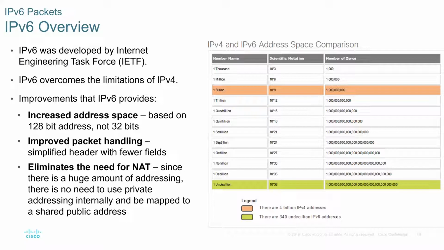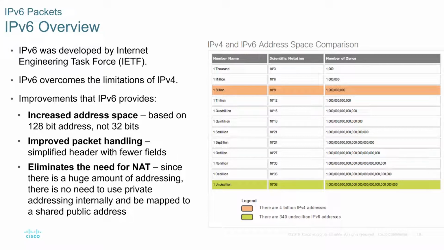So the improvements: we have an increased address space based on 128-bit addresses, not 32 bits. If you recall from the chapter on number systems, each time we add an additional bit in the binary number system, we double the number of addresses.